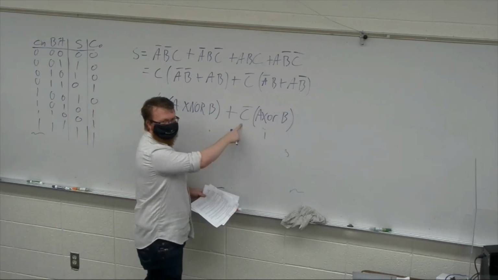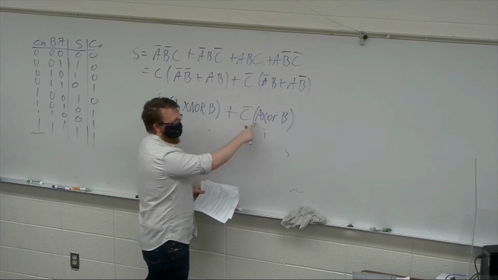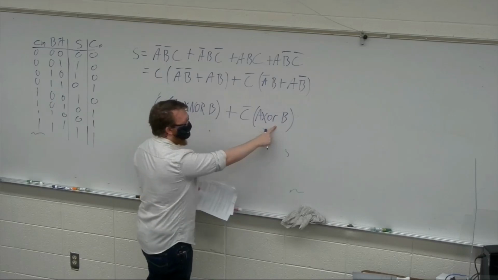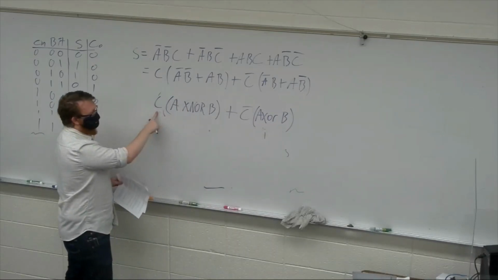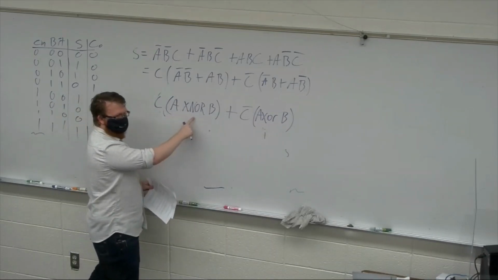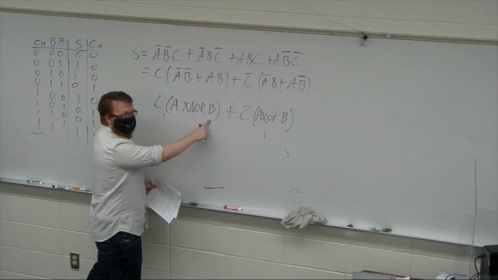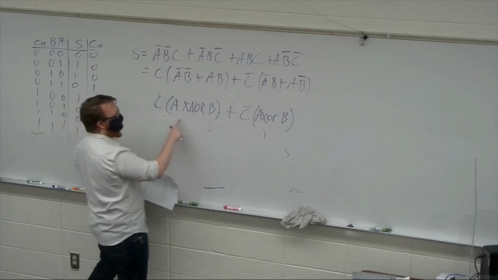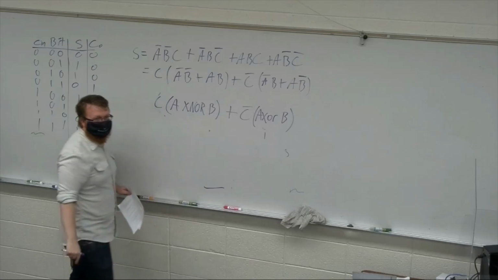If I don't have C, it's just A XOR B. If I do have C, it's A XNOR B. So everything just kind of depends whether or not I have C, right?